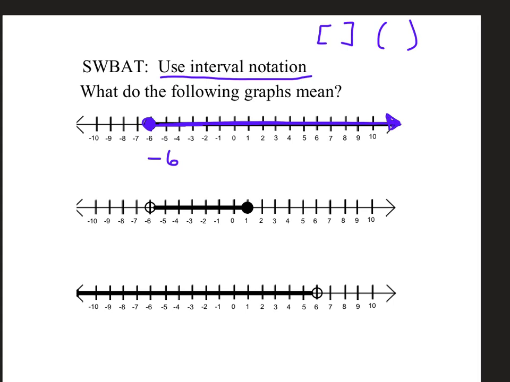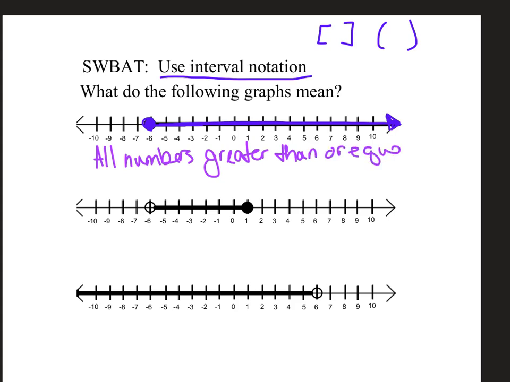So this line is representing all numbers greater than or equal to -6. That's what that graph says. All these numbers here are bigger than -6, so that's why this is greater than.